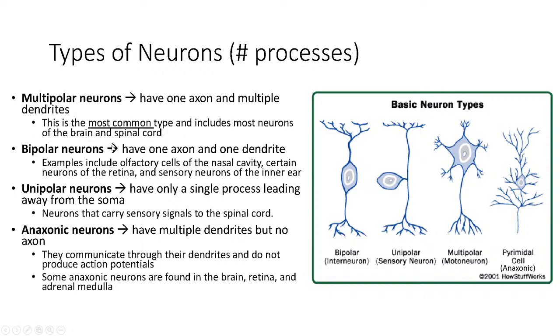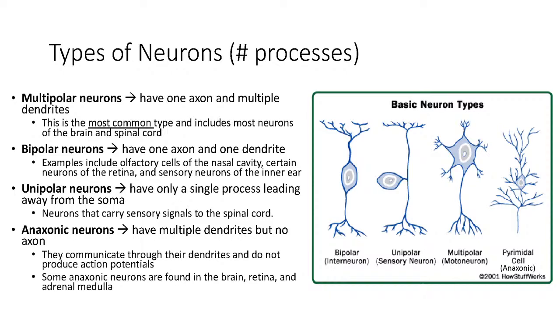We also have bipolar neurons, which have two poles. You can see two processes coming off. They have one axon technically and one dendrite. One of these processes is technically a single axon. The other process is technically a single dendrite. These are going to be interneurons.